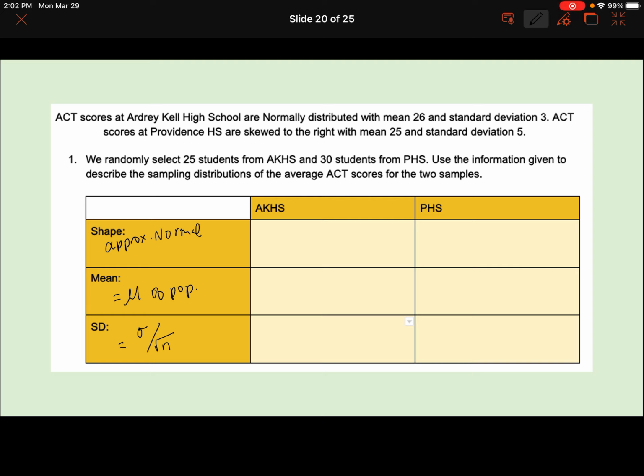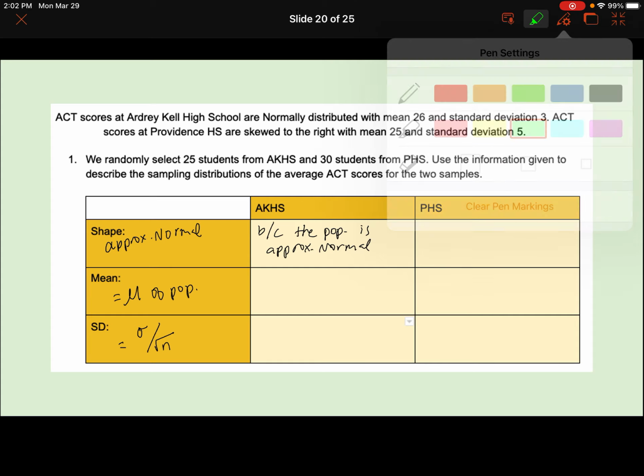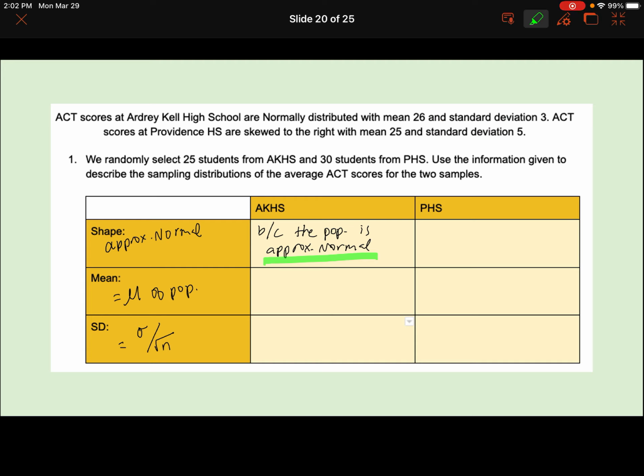All right, so for AKHS, it's approximately normal because the population is approximately normal. And that just tells us that right in the problem. So where does it say that? There we go. So because the population has a normal distribution, that means that our sampling distribution will also have a normal distribution.